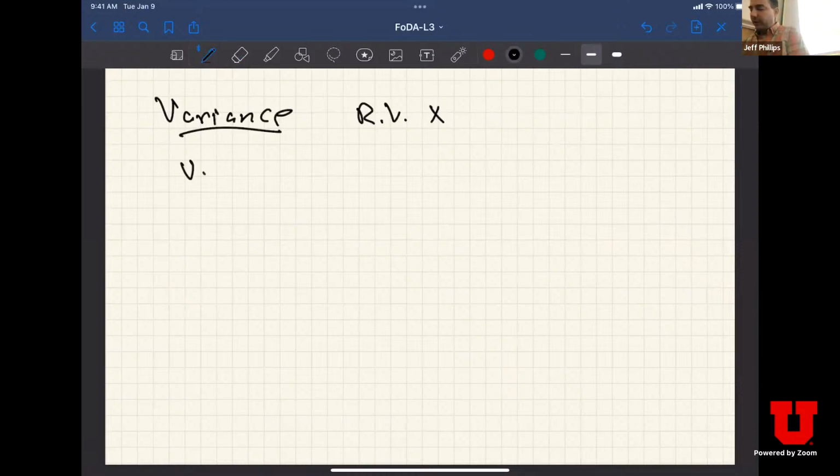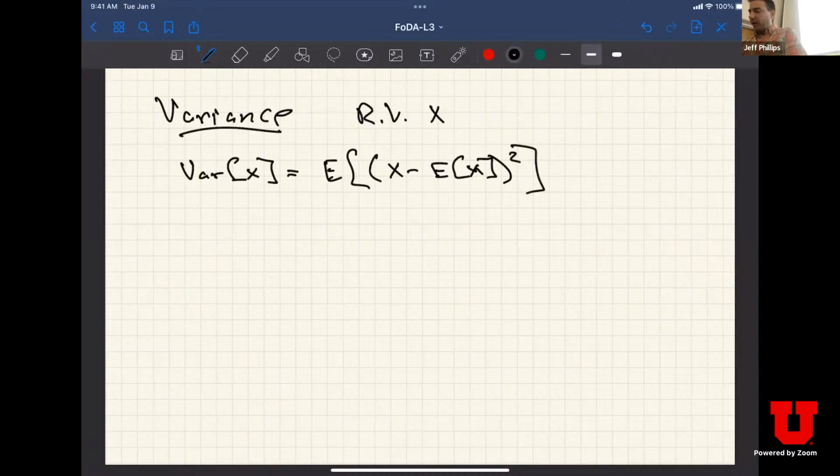So if I write the variance of X, this is going to be equal to, and it's a squared notion, so this is a little bit strange when you see it at first, the expected value of X minus the expected value of X, squared. This is kind of odd, saying, what's the squared deviation from the mean?